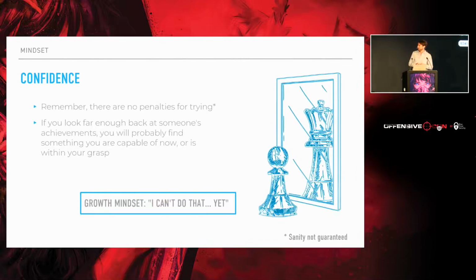And so you might not understand how they did the thing they did today, but you can look at something they did 5 years ago and see, okay, I can see a path to get to that. And from there, you can see that there's a roadmap for you, if you're prepared to put in the same amount of work as they have, to be able to get to the level that they're at. So it's really about having a growth mindset, I guess, rather than looking at something and saying, I can't do that, saying, I can't do that yet.